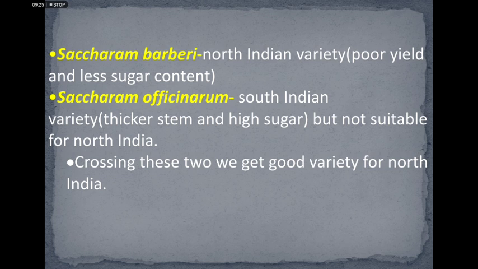So in order to obtain Saccharum officinarum's quality in North India, plant breeders cross these two varieties through the earlier discussed methods. That means the five methods discussed earlier. By crossing these two, we obtain a new variety of sugarcane with thicker stem and high sugar content that is suitable for North India.